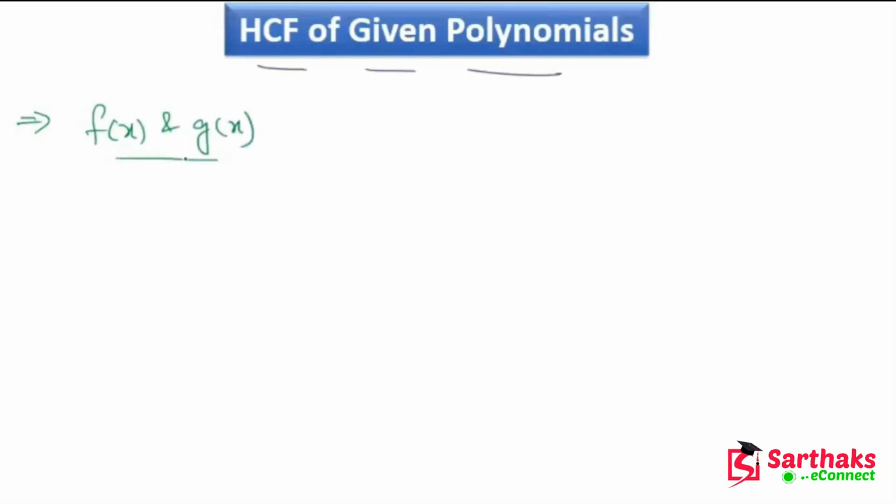For these two given polynomials, let's suppose R(x) can be taken as the highest common factor if there are some conditions. Okay, what are these conditions? Let's see that.